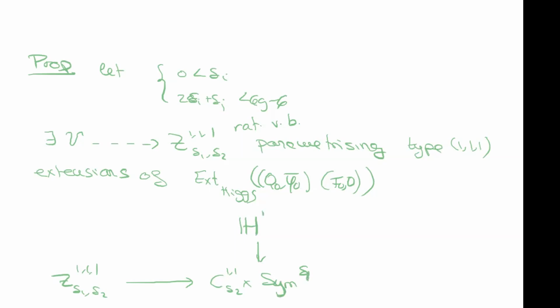In this case, this would be Q0, and this would give us F0. And V is a subbundle of the pullback. In other words, the conditions on Z can be made compatible to the final linear subspace of extensions of the Higgs bundle.